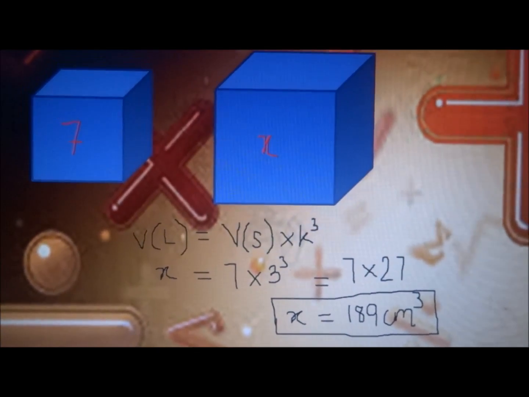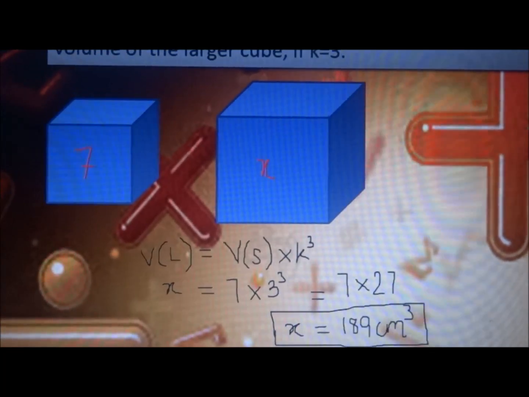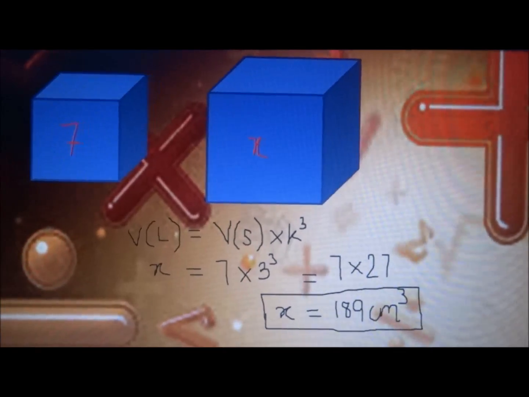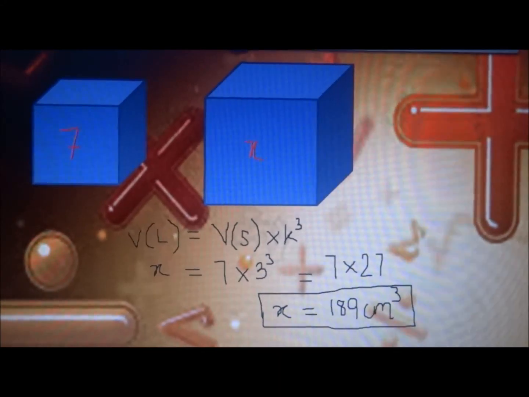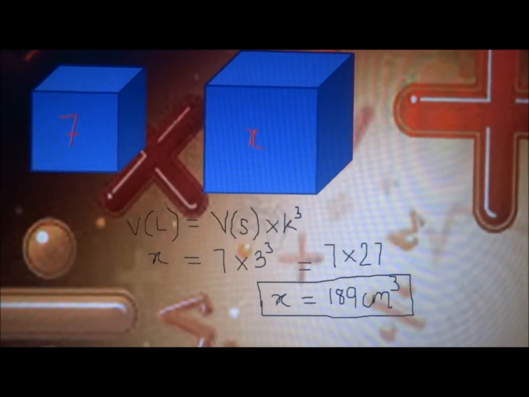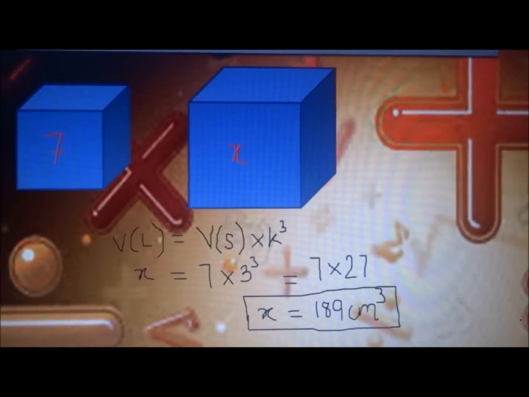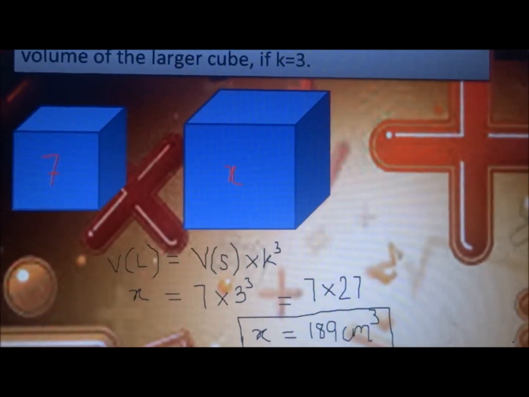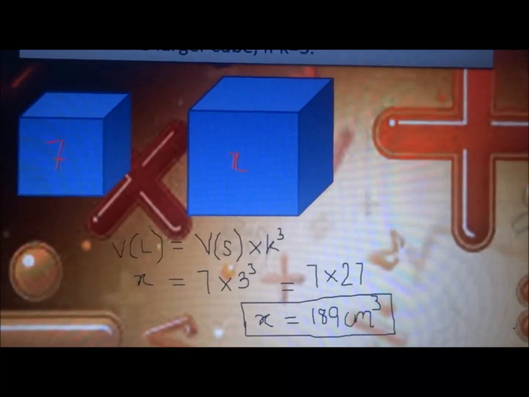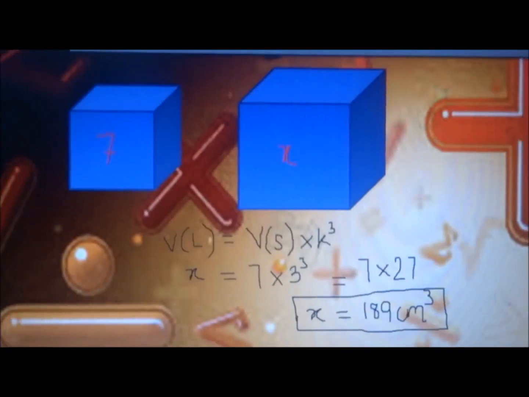That is the volume of the large x is equal to 7, that's the volume of the small cube, into k cube, that is 3 cube, which is equal to 7 into 27. And so the volume of the larger cube is equal to 189 centimeter cube. So this way we use the similarities and the proportionality constant or k to solve many of the sums of our daily lives.